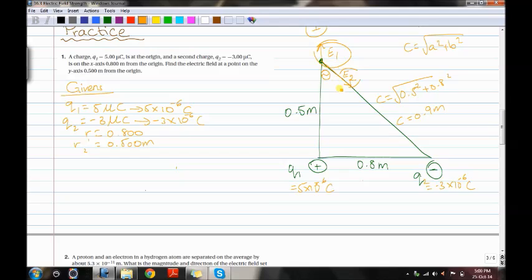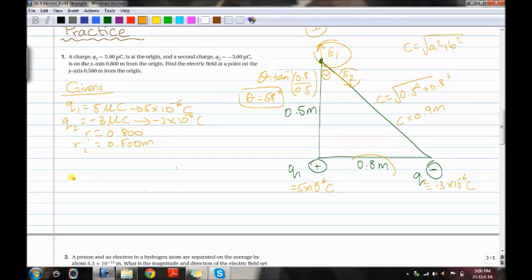Now let's also find theta. Theta equals tan inverse of opposite over adjacent, which is 0.8 over 0.5. The answer for theta is 58 degrees.